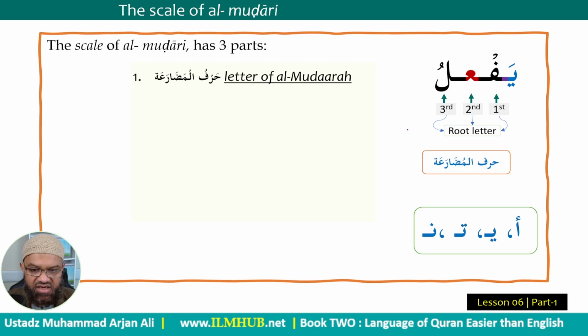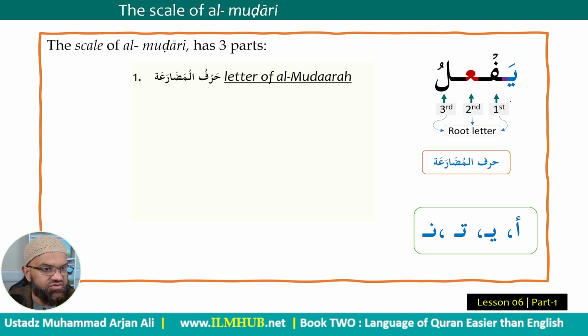So with the mudari, the first thing to note is that there will always be a letter at the beginning of the verb, which will be either hamza, ya, ta, or noon. One of those. Of course, for the huwa version, the one we are starting with, it is ya.